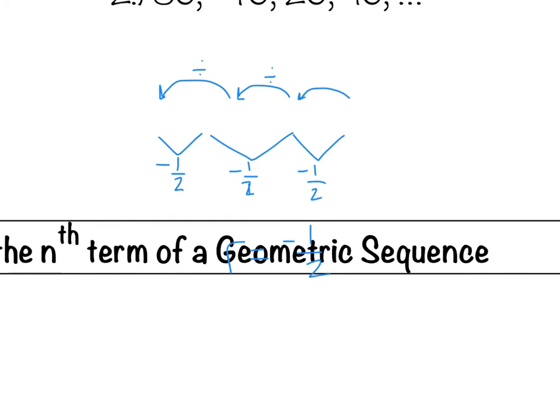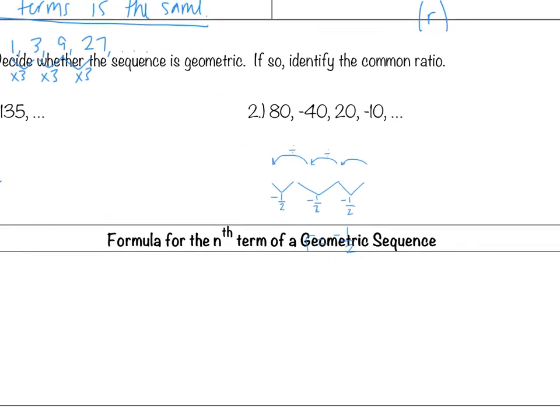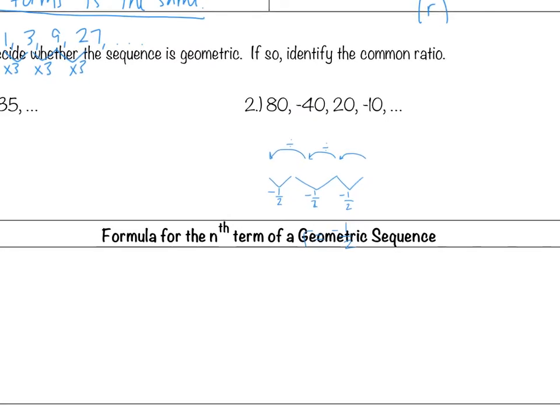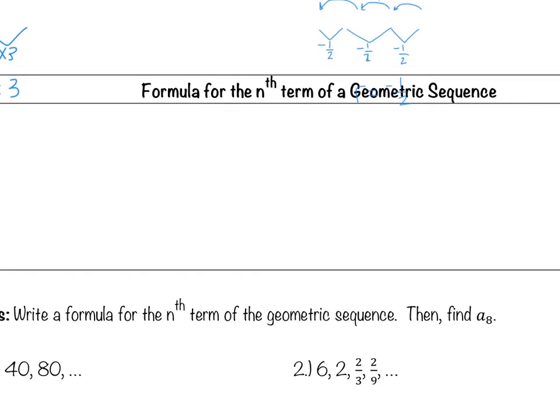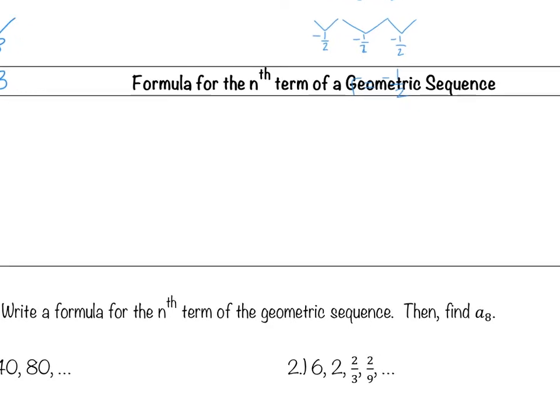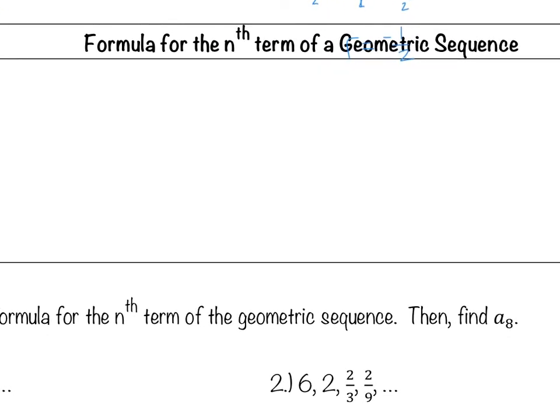Just like arithmetic sequences, where we had a formula to figure out any term within the sequence, geometric sequences have a formula as well. The formula looks similar, with some similar variables: a sub n equals a sub 1 times r to the n minus 1 power.